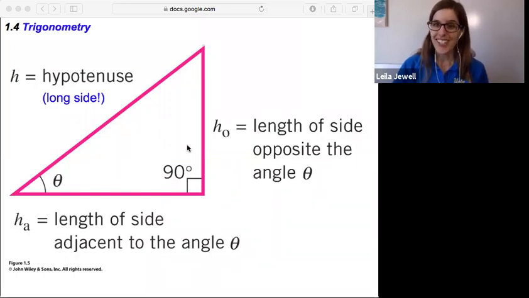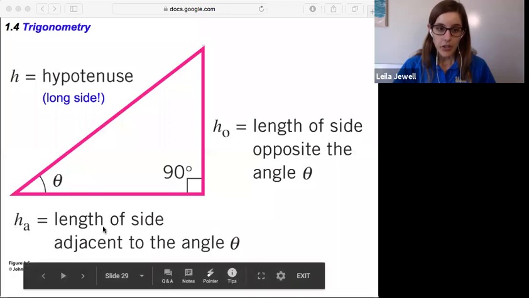So that's just the right way to think about this, that we'll have a right angle or 90-degree angle within our triangle, and there will be some other angle of interest. You technically can focus on either of these two angles, but we just happen to pick the one down here, and we called it theta, which is a Greek letter that's often used to represent the angle. So the hypotenuse is the long side that is opposite the 90-degree angle.